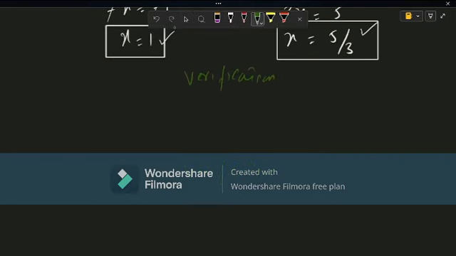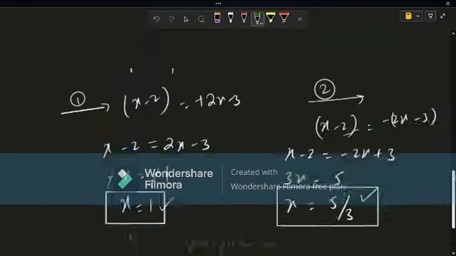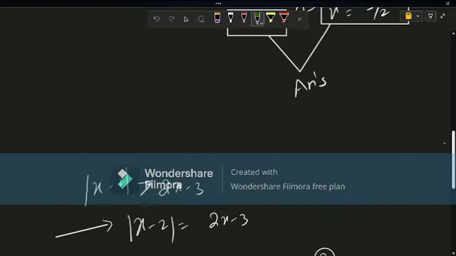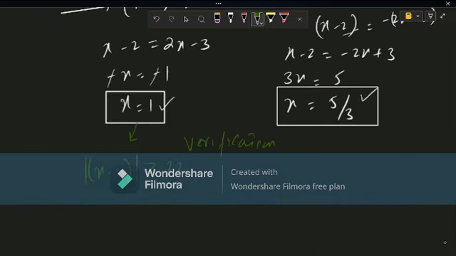First of all, put x equals 1 over here and check what happens. The question is |x minus 2| is less than, it's actually greater than, my bad. This is greater than 2x minus 3.